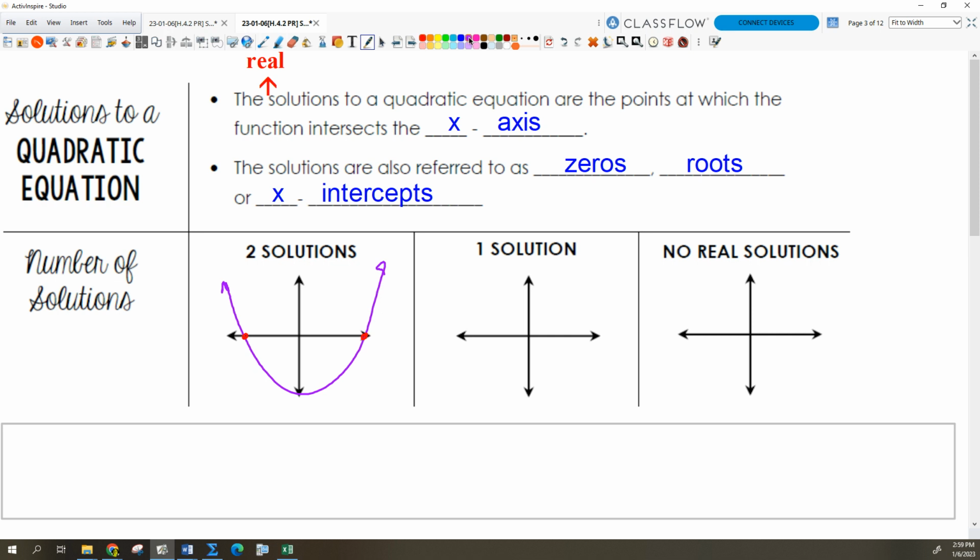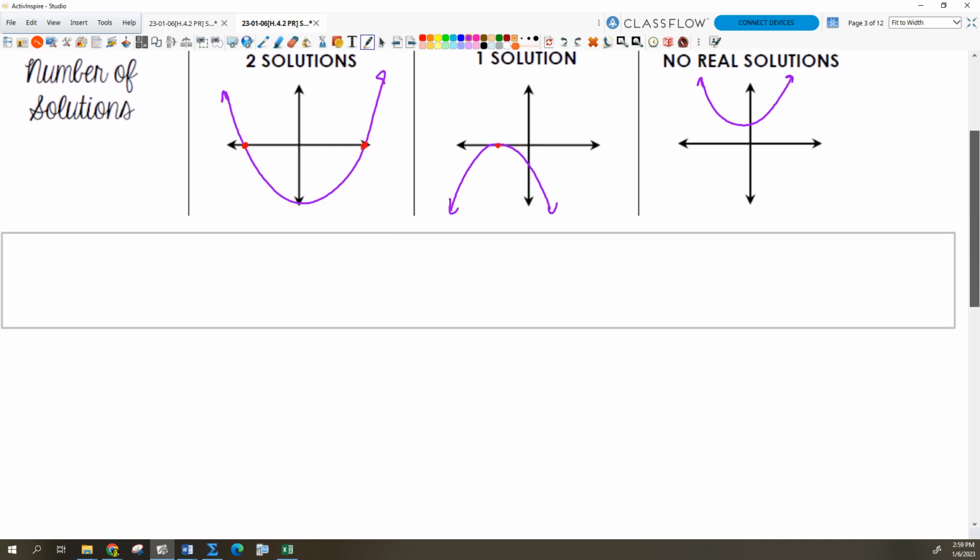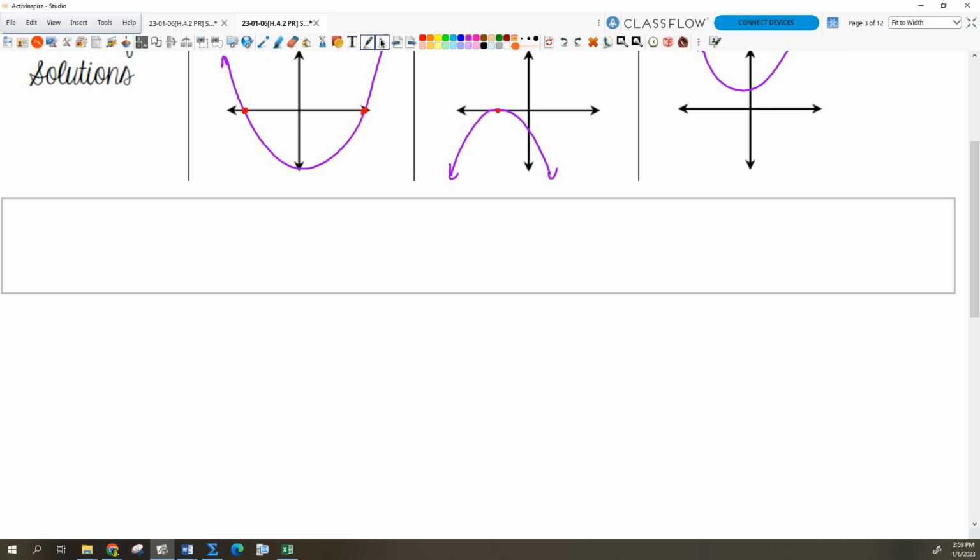So something like maybe that, right? And then there would be my x-intercept, right? And how could I have no solutions, no real solutions? Never touches the x-axis. So something like that, for example. Okay. So this gives us a very valuable tool.